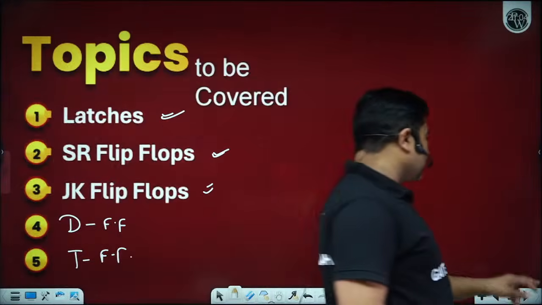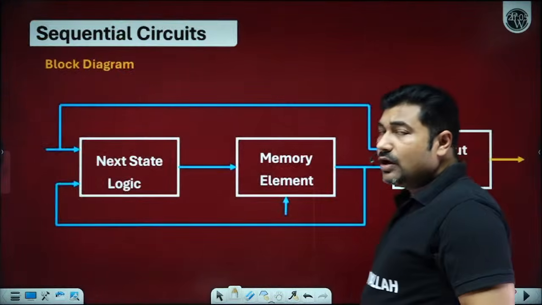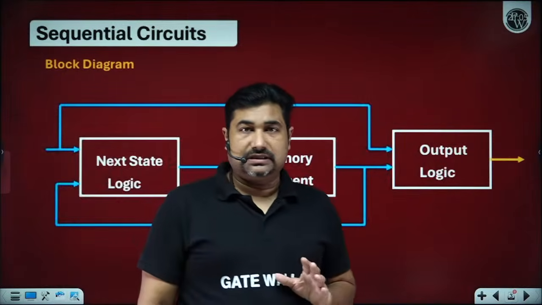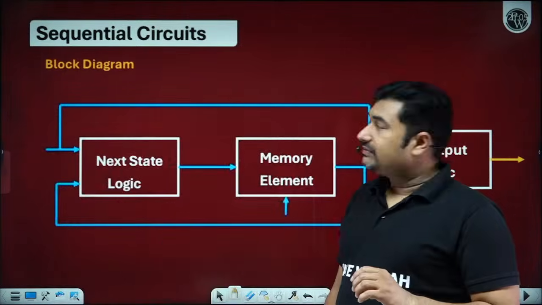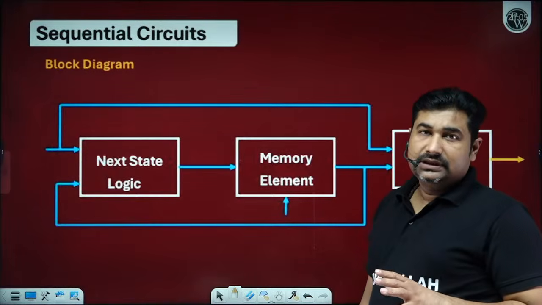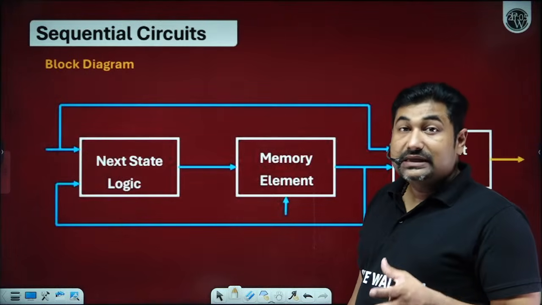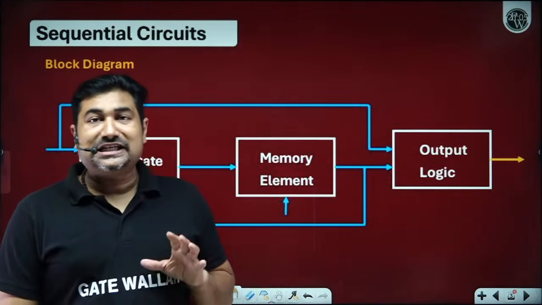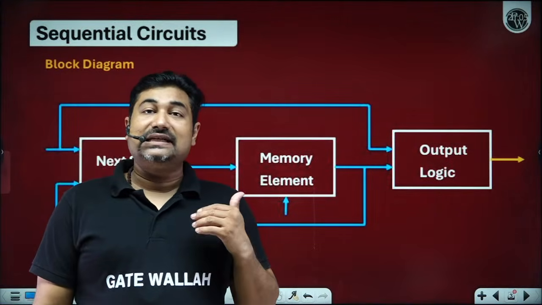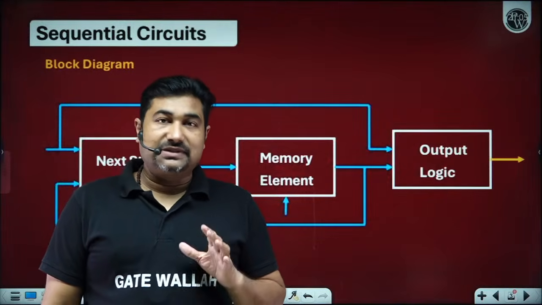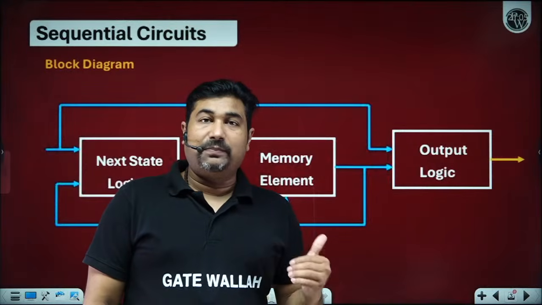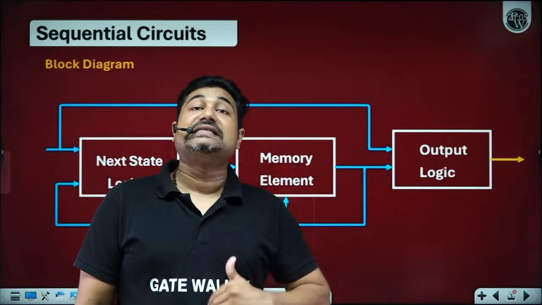Now, please observe first, what is the basic difference between a sequential circuit and a combinational circuit? We can easily understand with the help of this block diagram. In a sequential circuit, output depends upon the present input and the previous state. Again, in a sequential circuit, output depends upon the present input and the previous state.